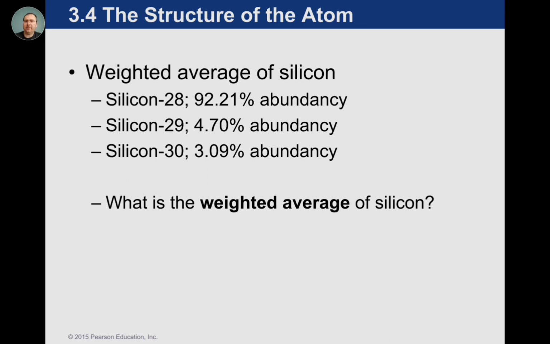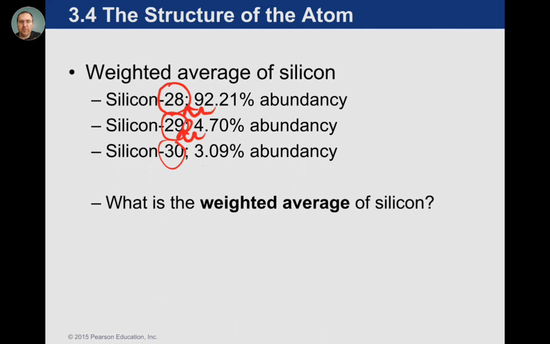If we were to do the same thing for silicon, we do the exact same thing. We take these masses of 28, 29, and 30 for silicon, very abundant on beaches, in the form of sand, silicon dioxide. You multiply by the percentage by moving back those decimal points 2 places.